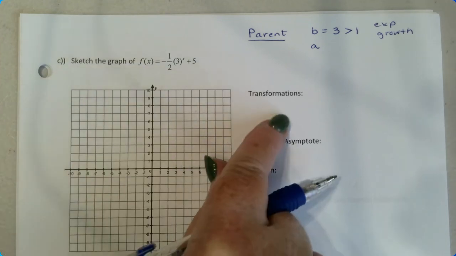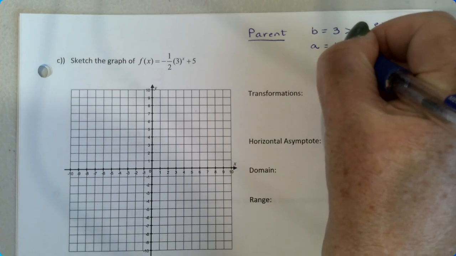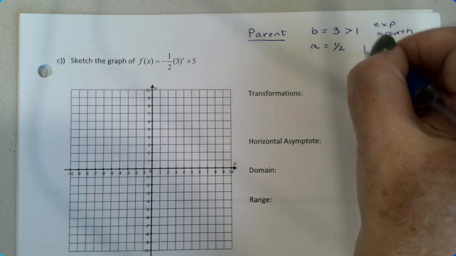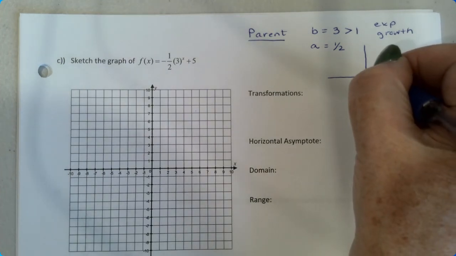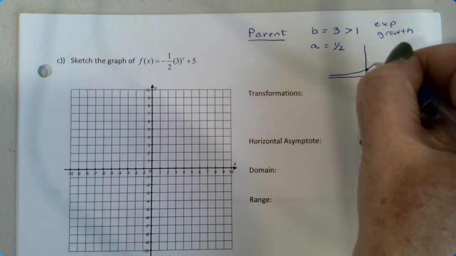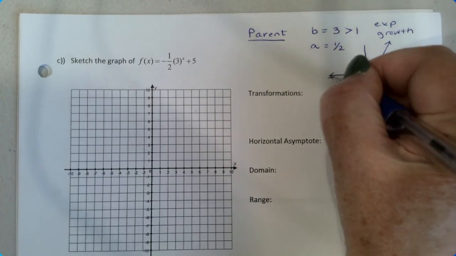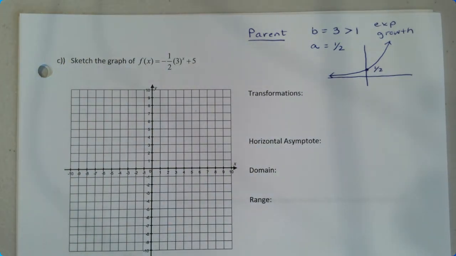The negative I'll deal with as a transformation, but for right now I'm going to say a is 1/2. So that would be my y-intercept. And exponential growth is small and then grows bigger. And again, that was 1/2 there at the y-intercept. So that's my parent function.